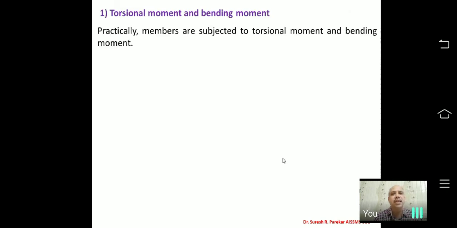Practically it is difficult for your member to be subjected to any single load, that is only torsion or only moment or only shear. So generally we have a combination of these practically, so we are going to consider these combinations.